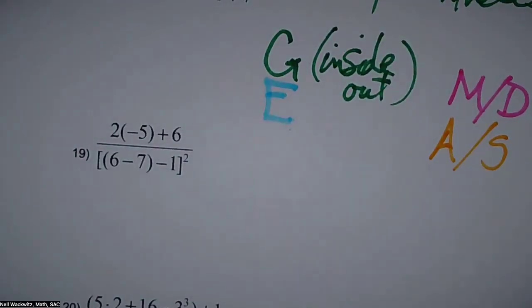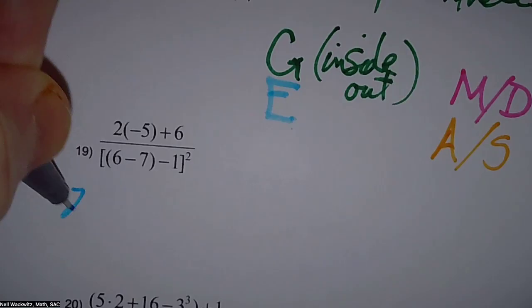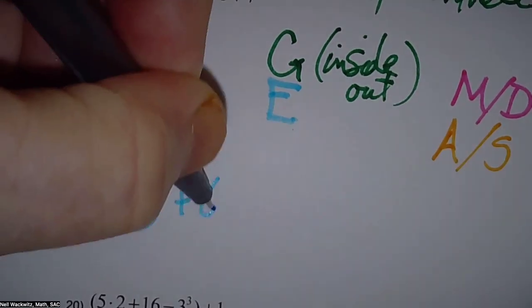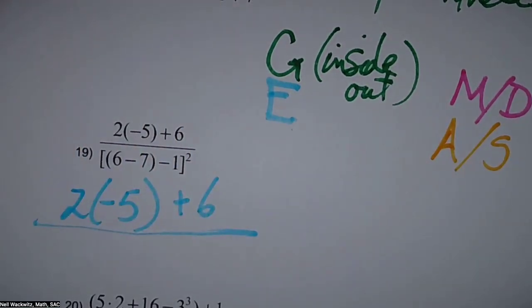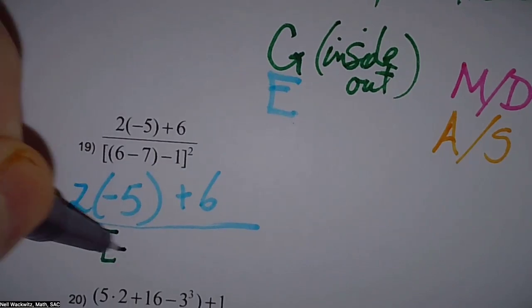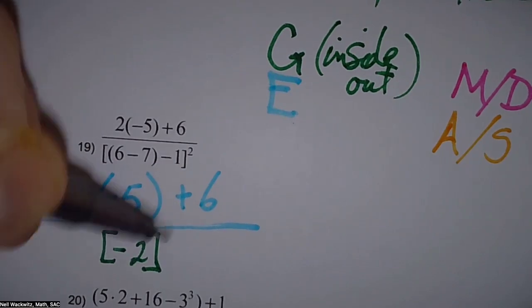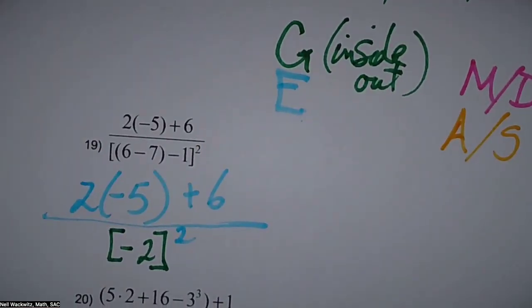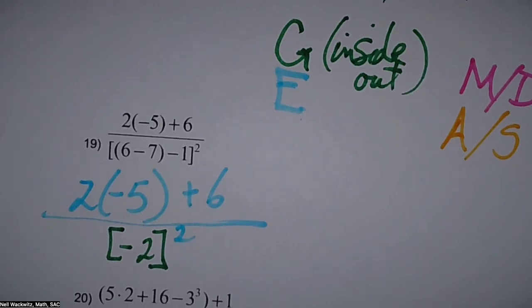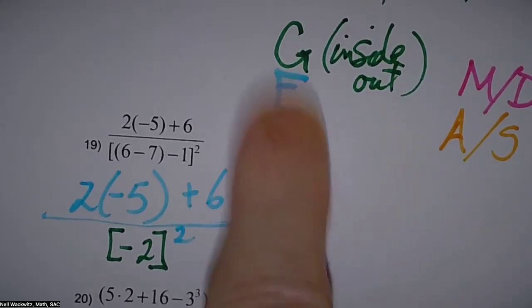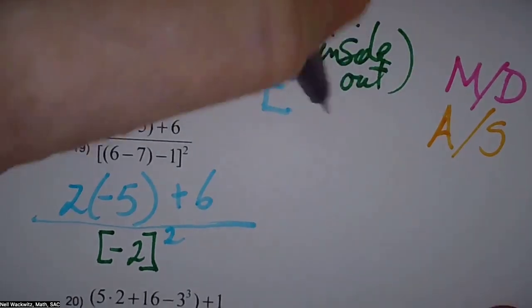And we've got 2 times -5 plus 6 divided by -2, and I'm going to put this in. So the thing we just did is in this dark green, everything else is in blue. And the second thing we're going to do is exponents, and that's exponents and roots.